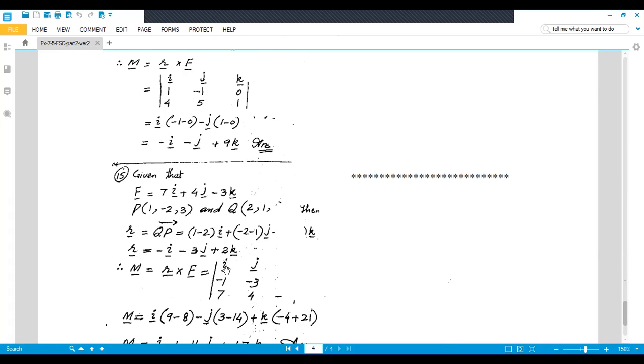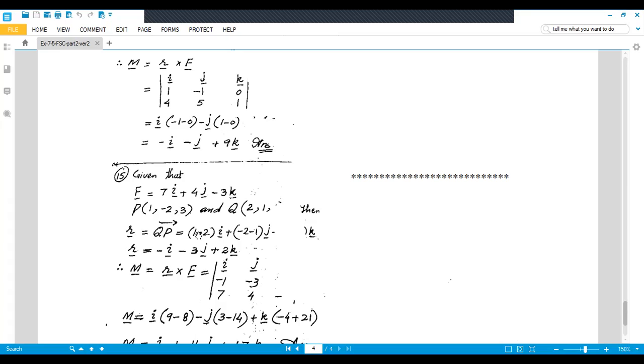15: you have been given a force F applied at P, find its moment about the point Q. So F is applied at P, you have to find the moment at Q. So first of all, you are going to find RQP.